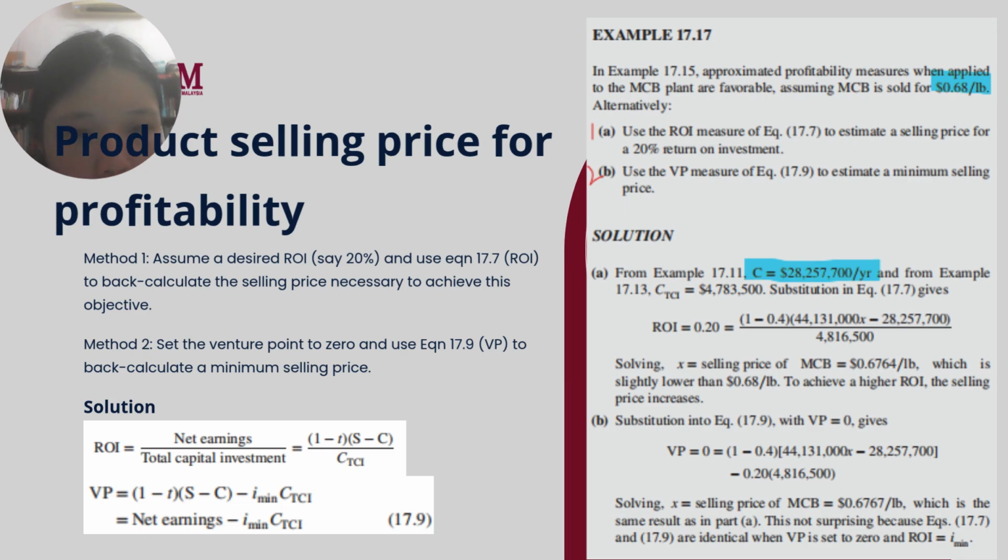After that, we get the value of X equals 0.67 per pound, which is slightly lower than the 0.68 per pound. So to achieve a higher ROI, the selling price needs to be increased. For the second method, we set the venture profit to 0, and after substituting in all the values, we'll get the same value as method 1.